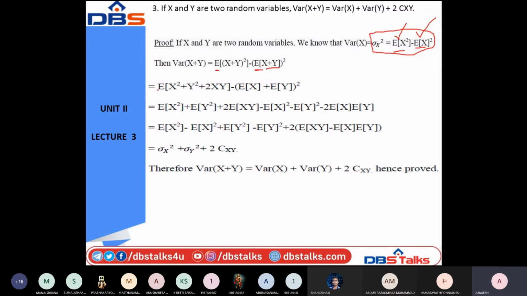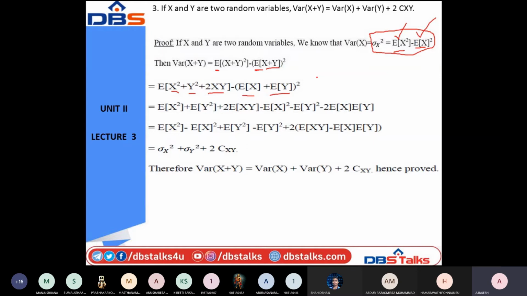So then E of X plus Y whole square can be written as X square plus Y square plus 2XY, minus E of X plus E of Y whole square.